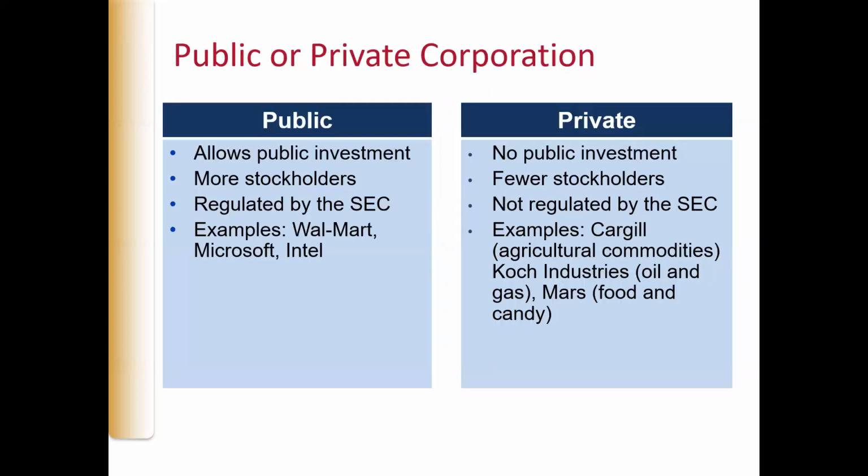Public corporations have a lot more regulations to adhere to with the Securities and Exchange Commission. But by having that, they can allow anybody in the public to invest with them or to purchase their stock. And as a result, can end up with a lot more stockholders.